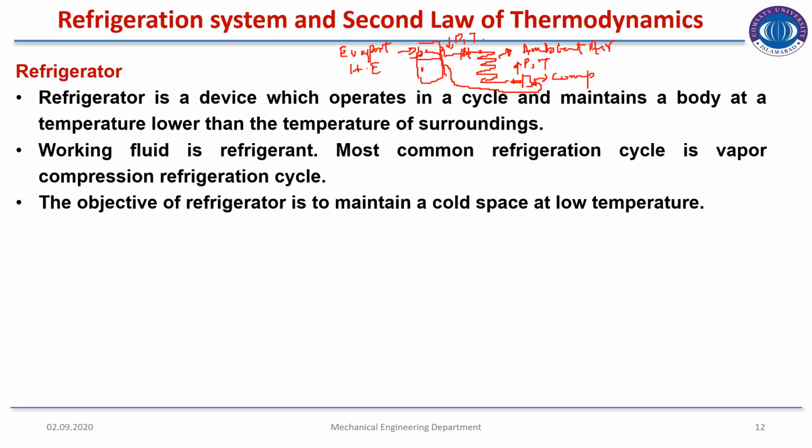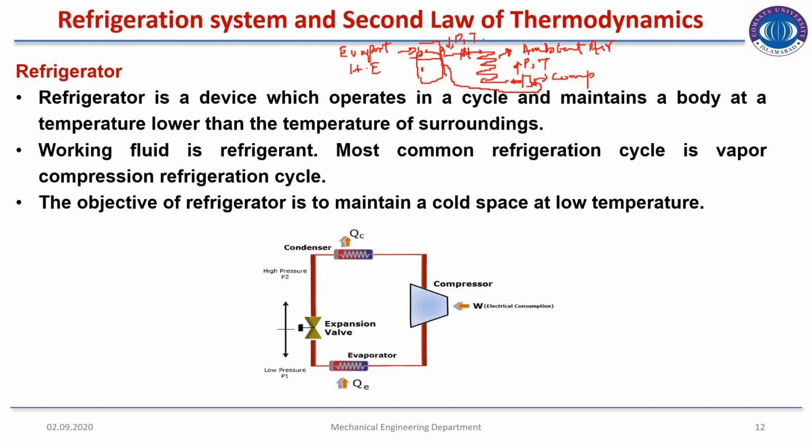So the objective of the refrigerator is to maintain a cold space at low temperature. The low temperature is the inside of the fridge. So this is a schematic diagram of the refrigeration system, or vapor compression refrigeration cycle.